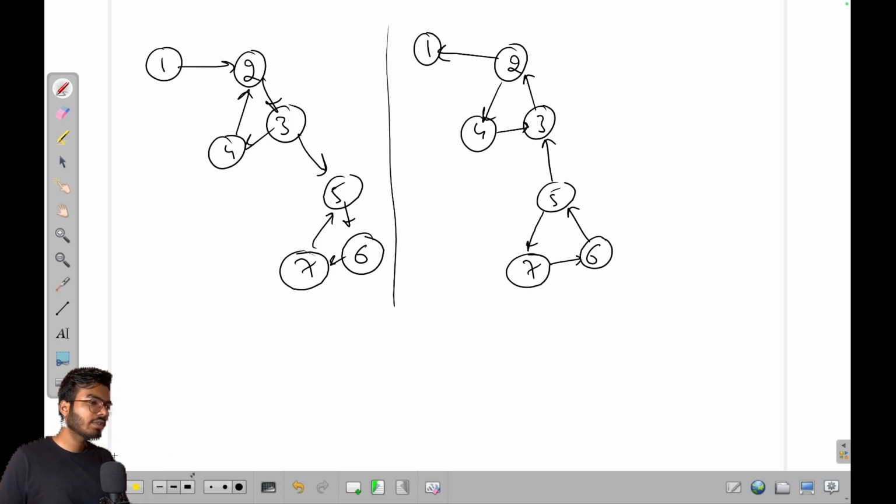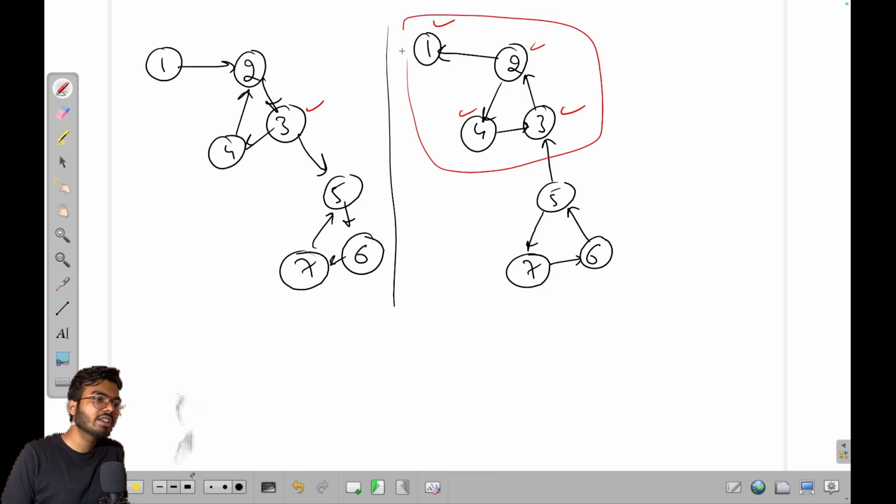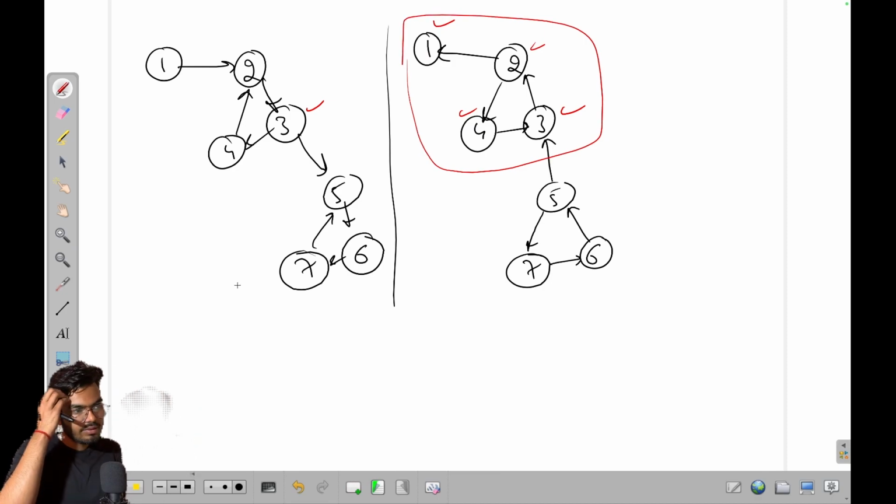So if you start from any of the nodes, let's say you are starting from node 3, you will say, okay, let's mark 3 as visited, and now I will visit all the nodes that I can visit from 3. So you will say this is visited. But what might happen is you might also visit 1, right? And now if you visit 1, you will say this whole thing is a strongly connected component, which is wrong, right?